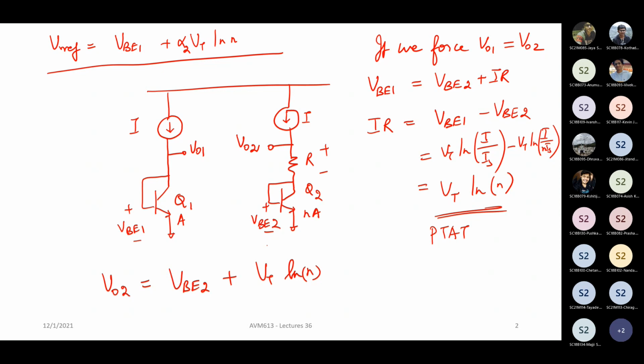Now, if you take an arrangement like this and you force VO1 and VO2 to be somehow equal, then what we end up with is that this VO2 is going to have a zero temperature coefficient if you can choose this ln n to be an appropriate value.